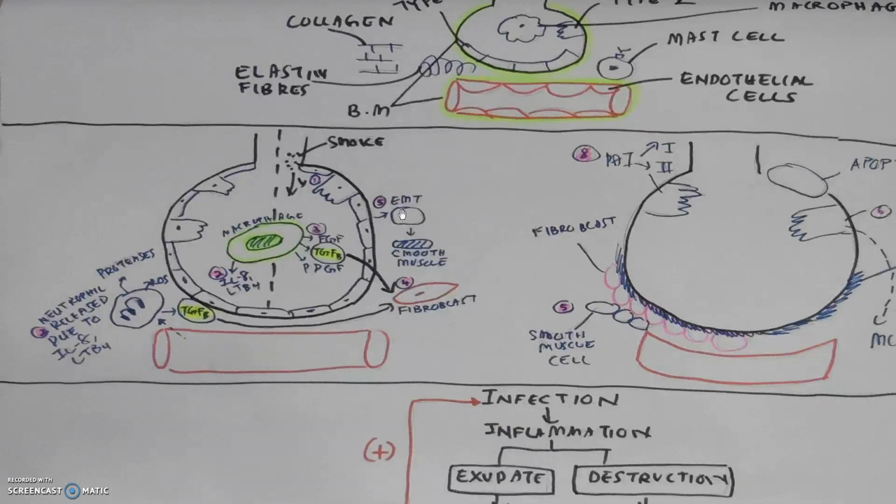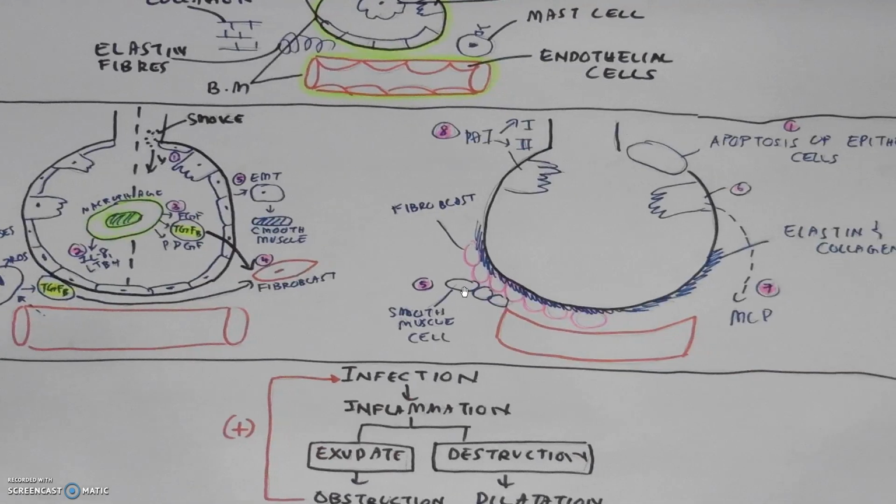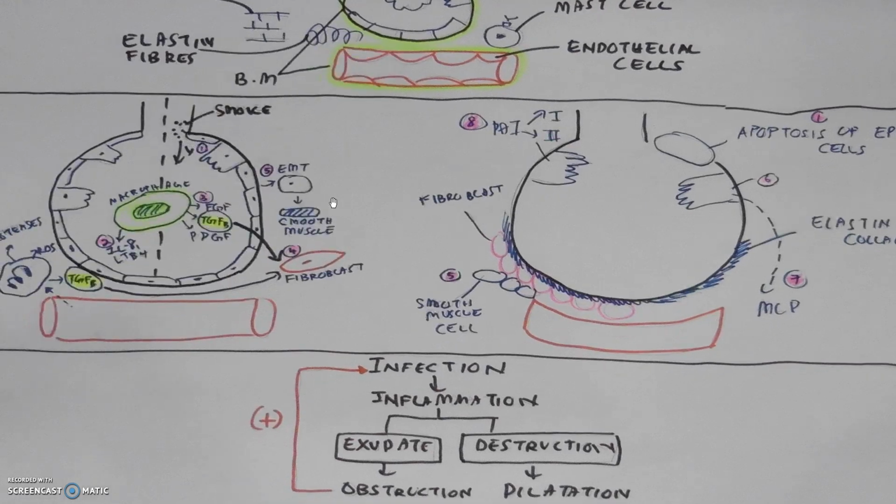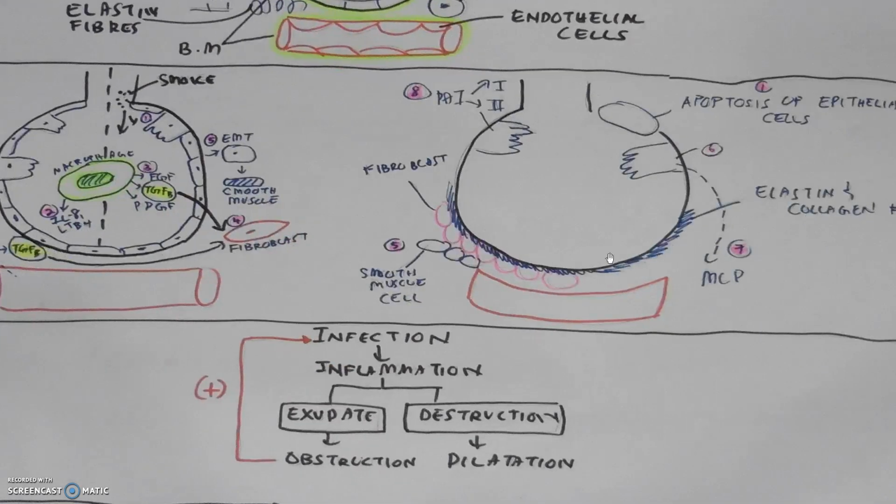Mesenchymal is a type of connective tissue, and this will migrate outside as shown here, and after it migrates outside, it will eventually become smooth muscle. So you see here as the final product, smooth muscle is also being laid here after the elastin and collagen fibers. The fibroblast is laying the elastin and collagen fibers as I have stated here.